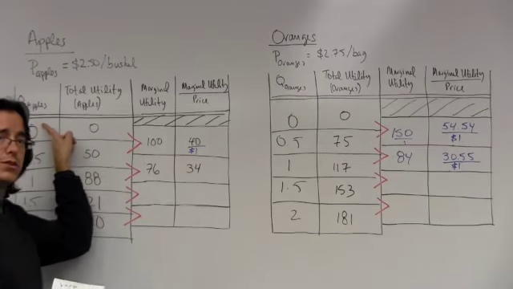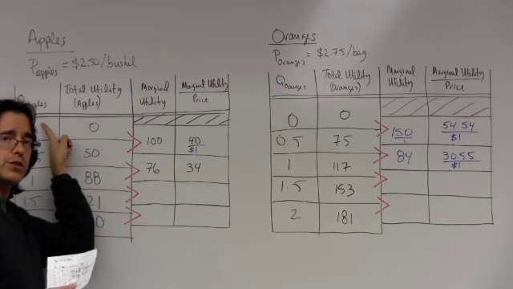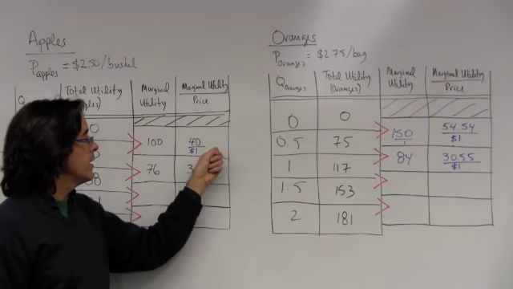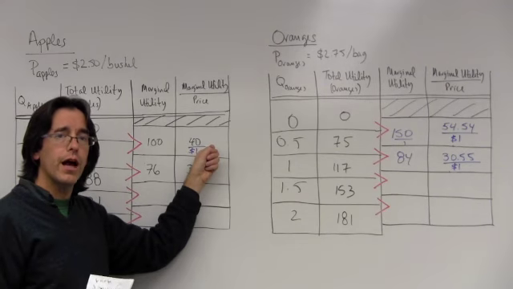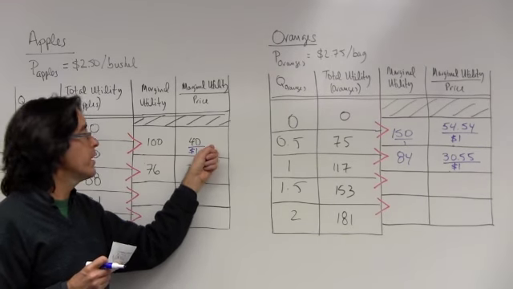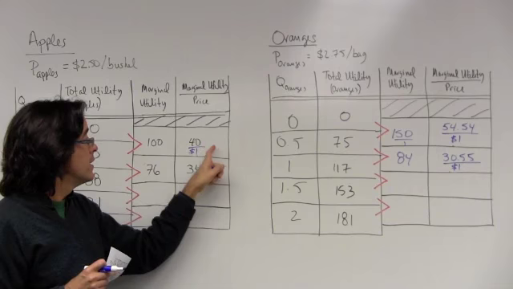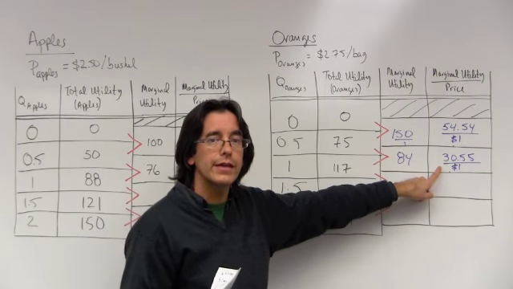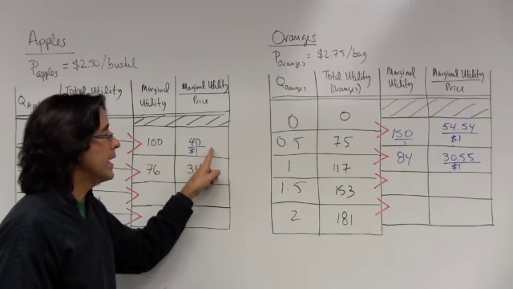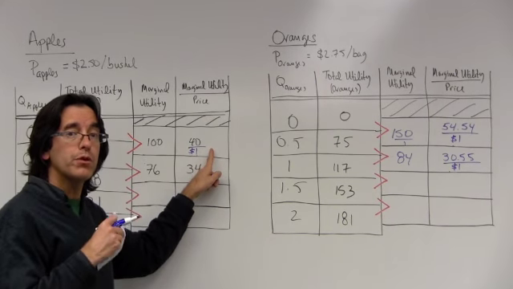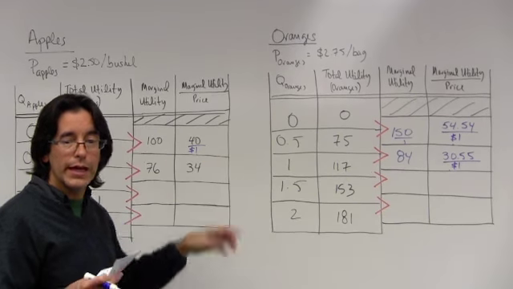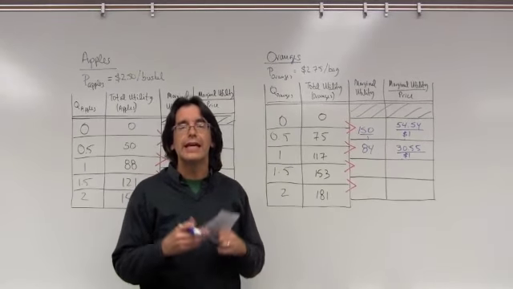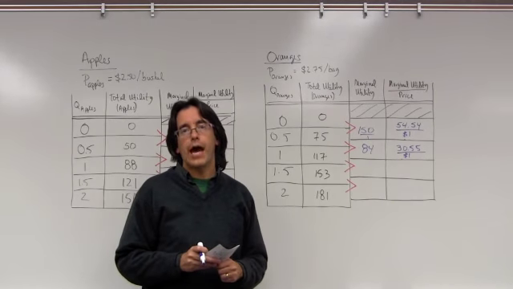Since we were consuming 0 apples and we're still trying to decide if we should spend $1 on apples, we go back to this original measure, and we interpreted this measure as another dollar spent on apples will generate 40 additional units of utility. And so 40 is greater than 30.55. So in this case, we should be spending our next dollar on apples instead of oranges. So again, that's the idea of how we use this ratio of marginal utility to price. It literally lets us compare apples and oranges.